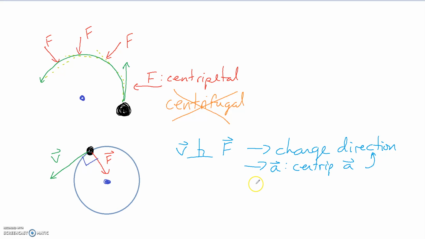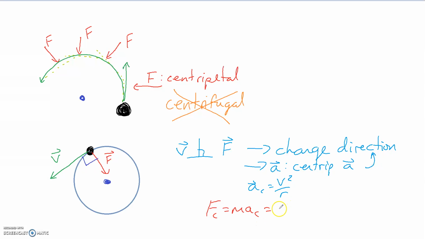Now, from other derivations, centripetal acceleration can be found by doing v squared over r. Now, centripetal force is just a force, which means it follows Newton's laws. So if we want to calculate centripetal force and we apply Newton's second law to it, centripetal force would just be m a_c.